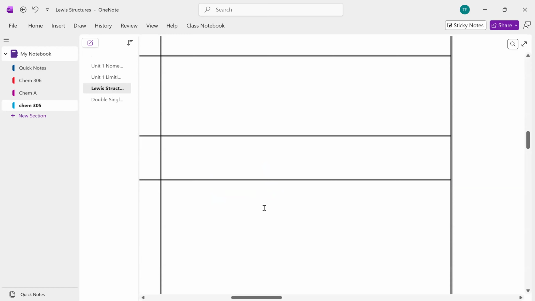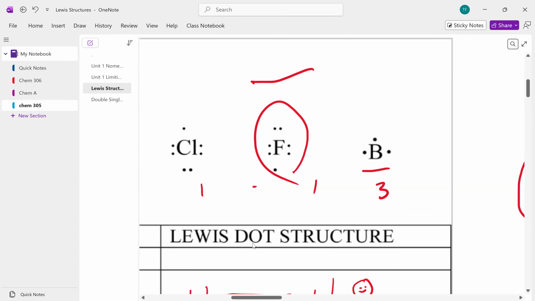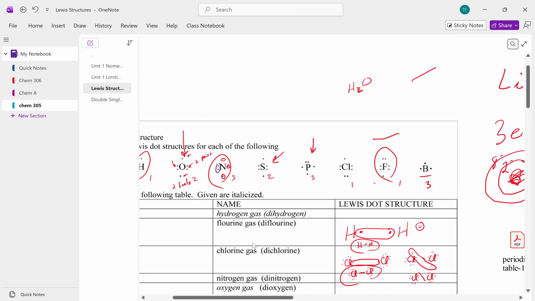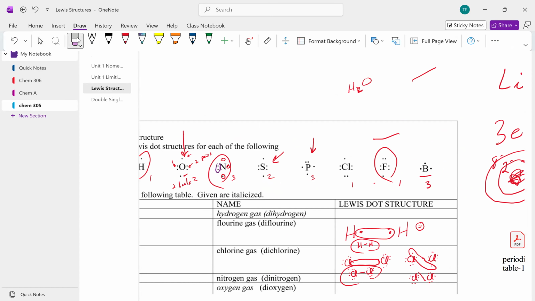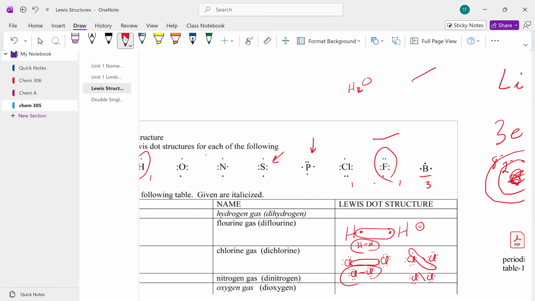Okay, so if we go up to the top here, and we look at nitrogen, it has one pair, 3 singletons.